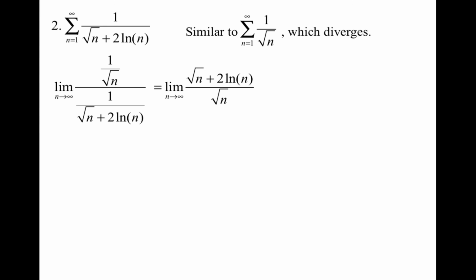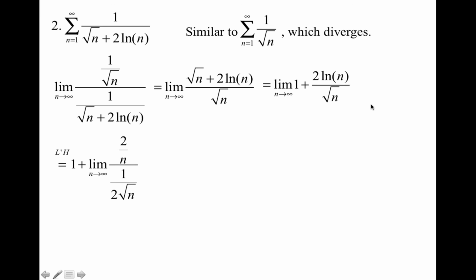I'm going to simplify it again by dividing both terms on top by the square root of n to give me the following. And if I was to plug in infinity now, this piece right here will just be 1, but this one will give me infinity over infinity. So I need to go ahead and do L'Hopital on this term to get the following and simplify it.